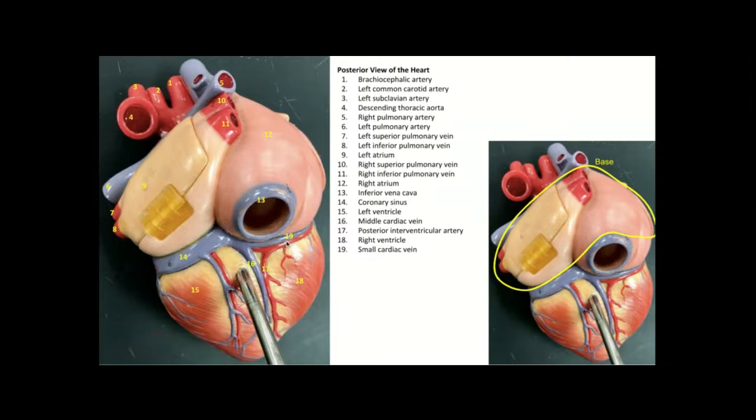One of them is smaller, we call it a small cardiac vein. One of them is larger and thicker, and we call it coronary sinus. In the back of your heart, you have posterior interventricular sulcus. And in this sulcus, you have posterior interventricular artery and middle cardiac vein.